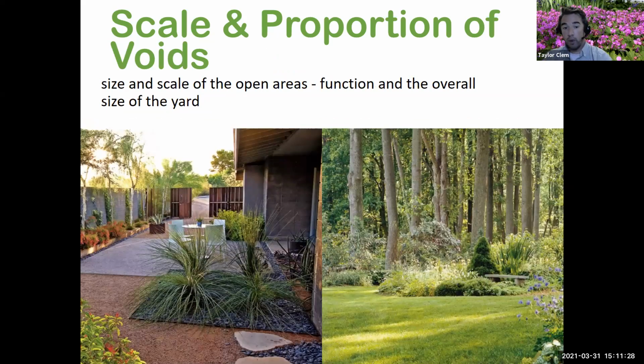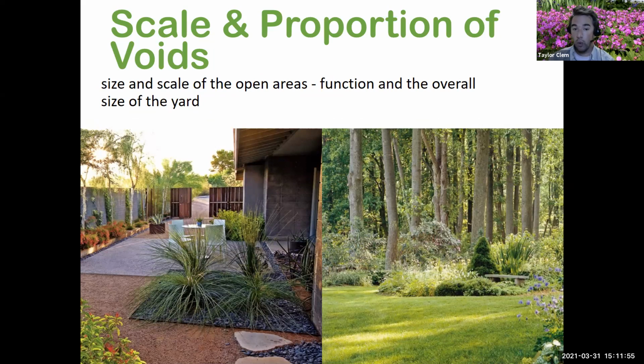Using voids can be important. Think about the void in that open area. The image on the left has that more entertainment area, but on the right, the negative space or void is that turf grass area or lawn space. Of course, there's the context in which things are sitting. In the image on the left, you have that wall that creates a tighter space.